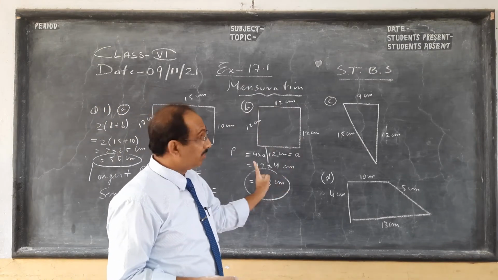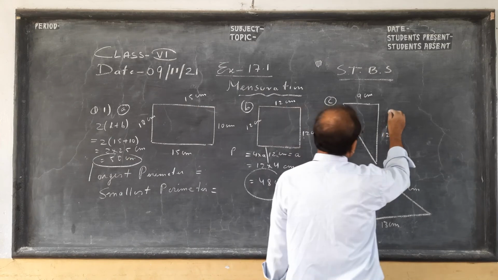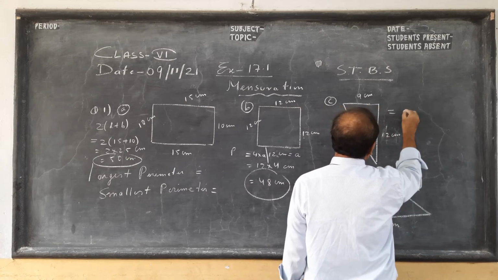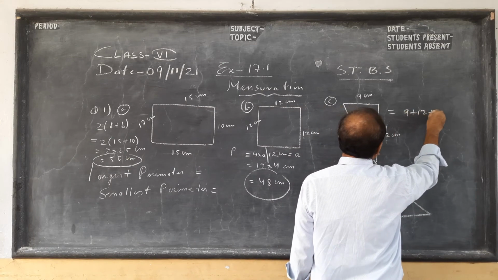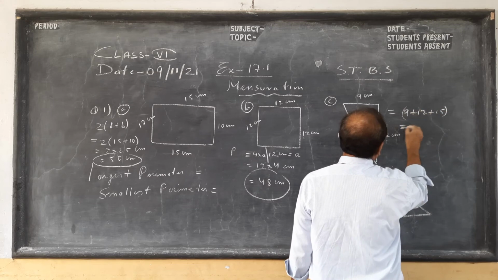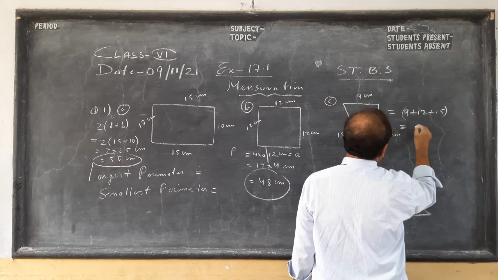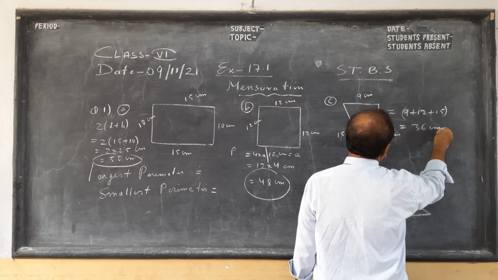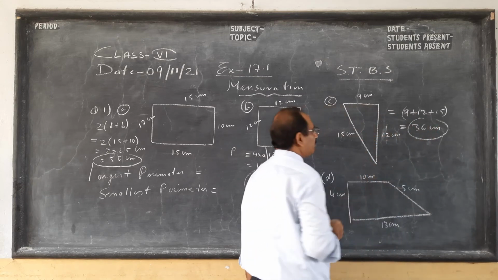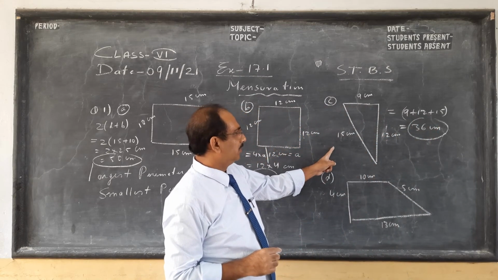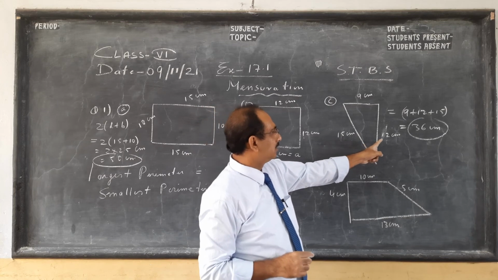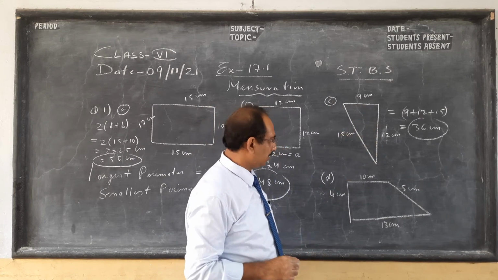The length of the boundary or edge, remember. So this triangle, if you see, 9 plus 12 plus 15. So we get 21 plus 15, 36 centimeter. This is the perimeter for figure C. Okay, 15 plus 12, 27 plus 9, 36.